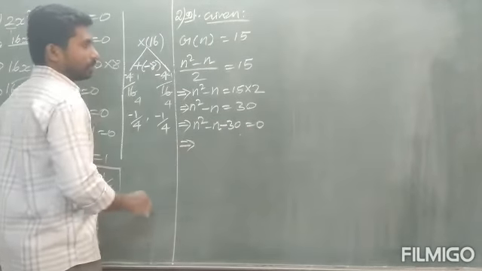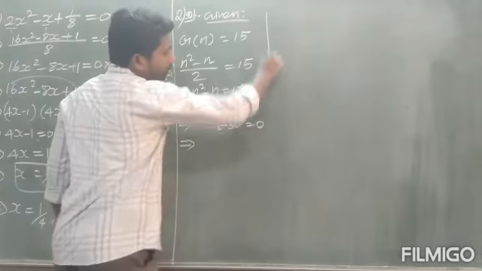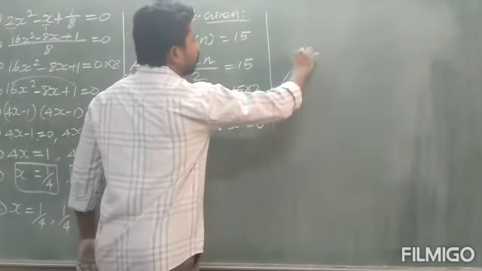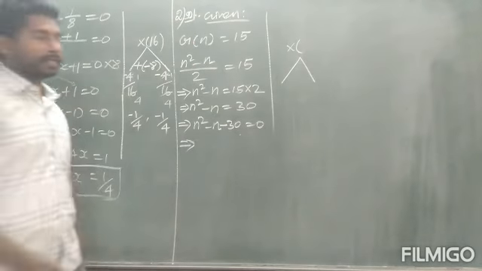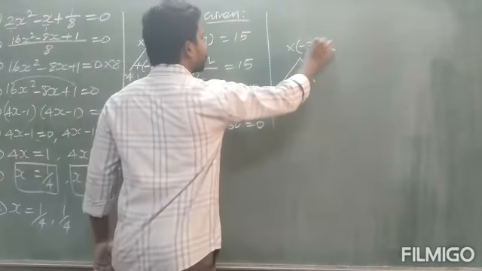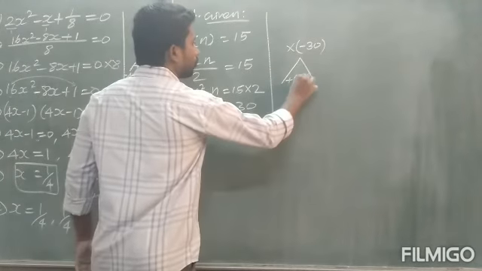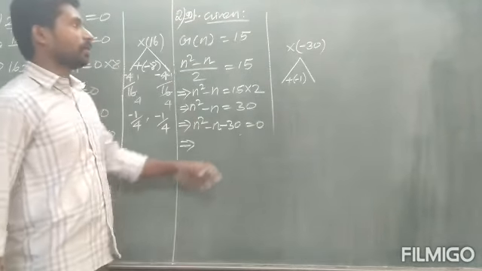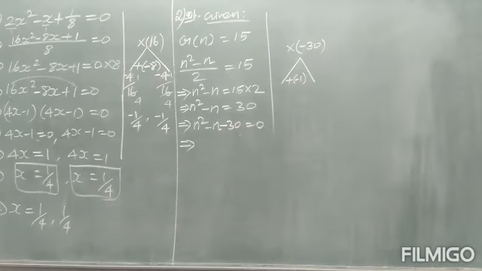This implies that we have to factorize it. The product of the factors is minus 30. The sum of the factors is minus 1.